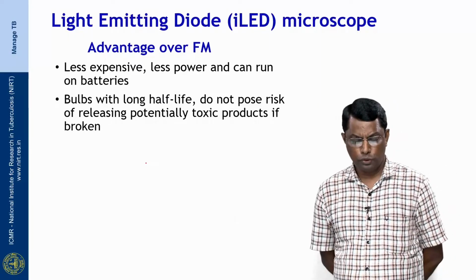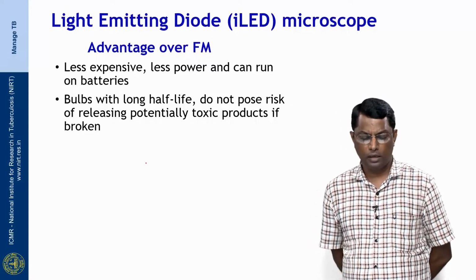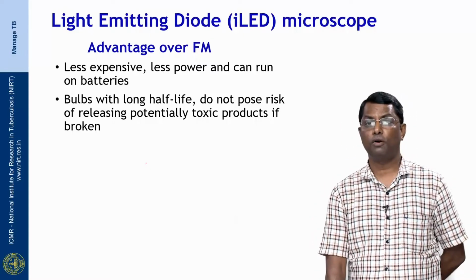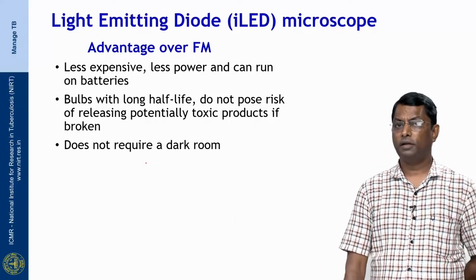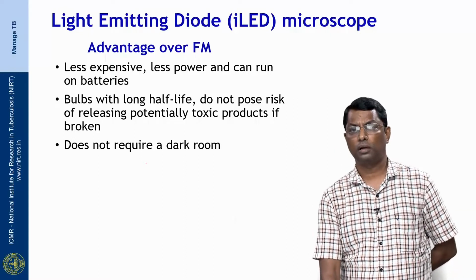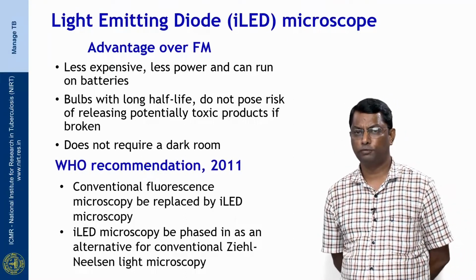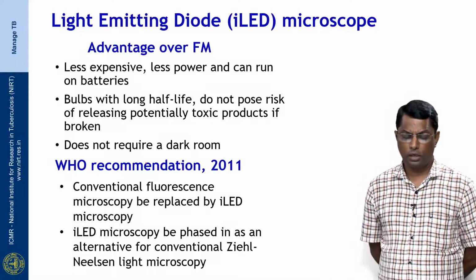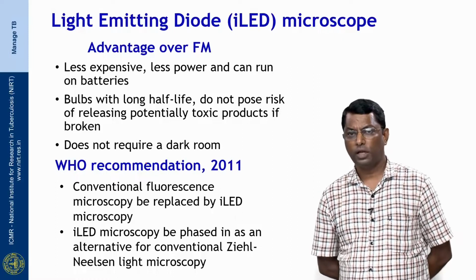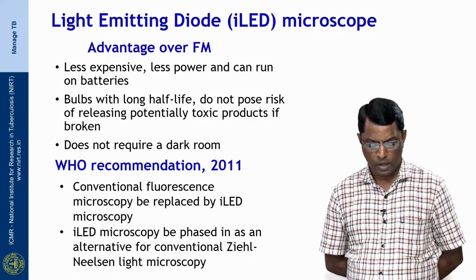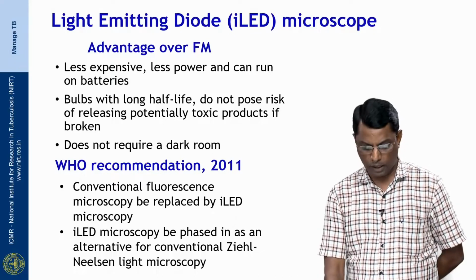The bulb used for the iLED microscope has a longer shelf life and does not pose any risk of toxicity when it is broken, and the main advantage is it does not require a dark room as compared to fluorescent microscopy which was done before. So, with this background, WHO has recommended replacement of the conventional fluorescent microscope and Ziehl-Neelsen light microscopy by the iLED microscope.